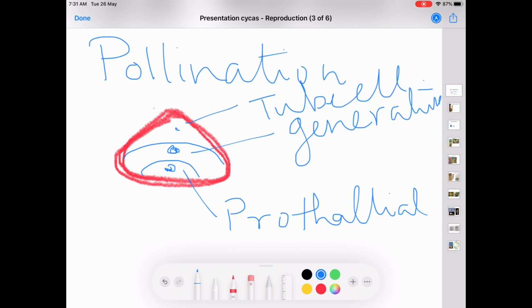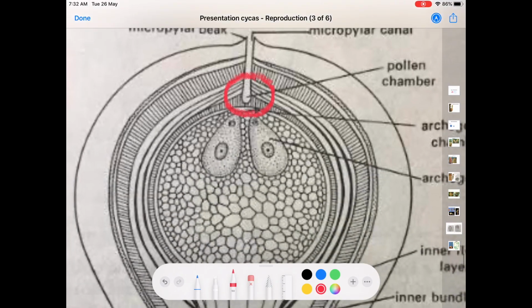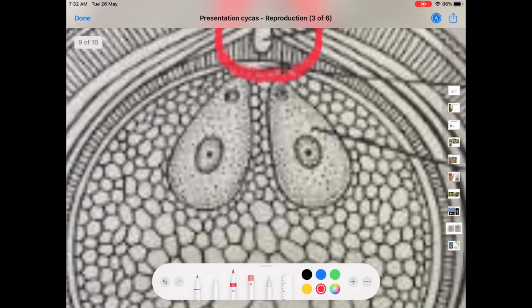This pollen grain will be having an outer thick exosporium, that is the wall, and inner intine. Once the pollen grains are liberated, they will deposit in the pollen chamber, where they start germinating and fertilize the egg.